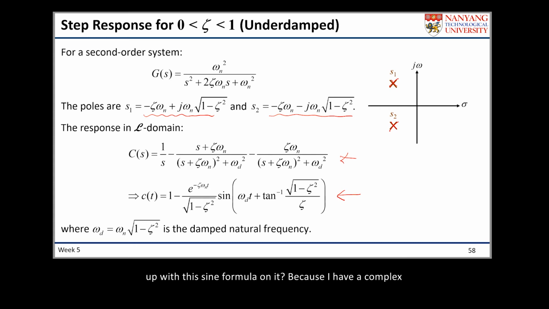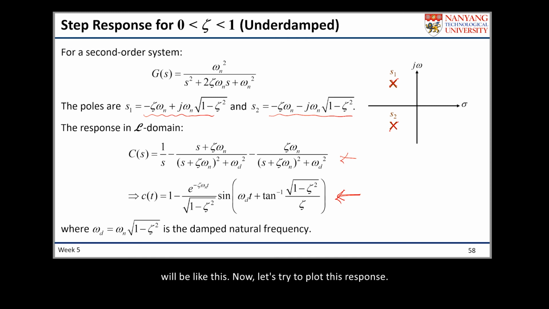How do I come up with this sine formula? Because I have complex poles in my system. If it's complex, then you will end up with sine terms in your response. You can try to convert it to the time domain by yourself, but in short, your unit step response of an underdamped second order system will be like this.